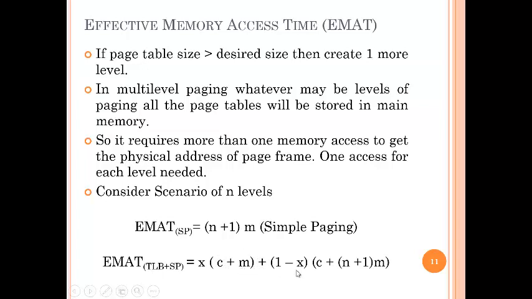But if it is not there in the TLB, that is a TLB miss, 1 minus x, it accesses one time TLB plus n plus one time main memory, because n is for the normal number of levels and one is for actual physical memory. So this is the general formula if we consider n levels.